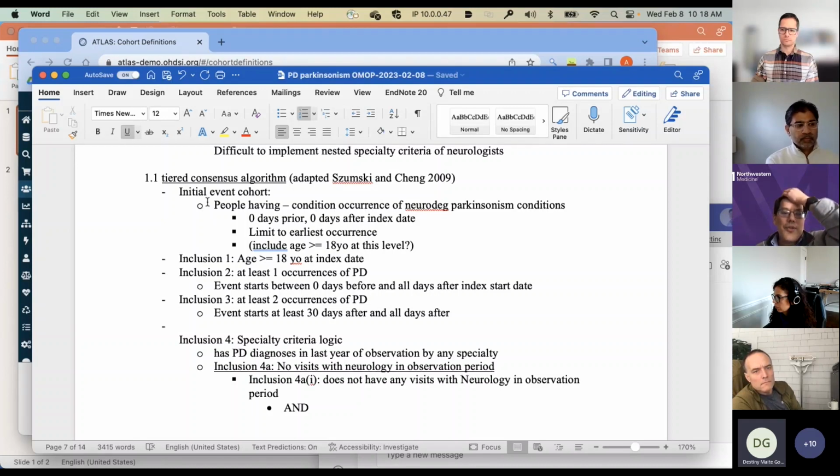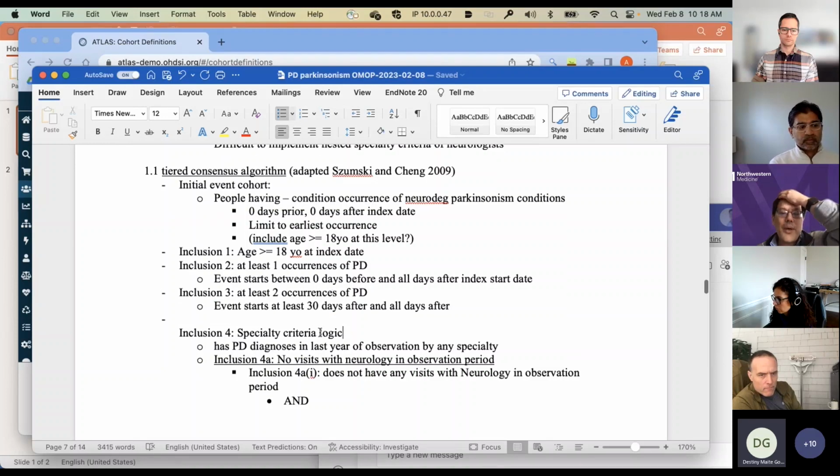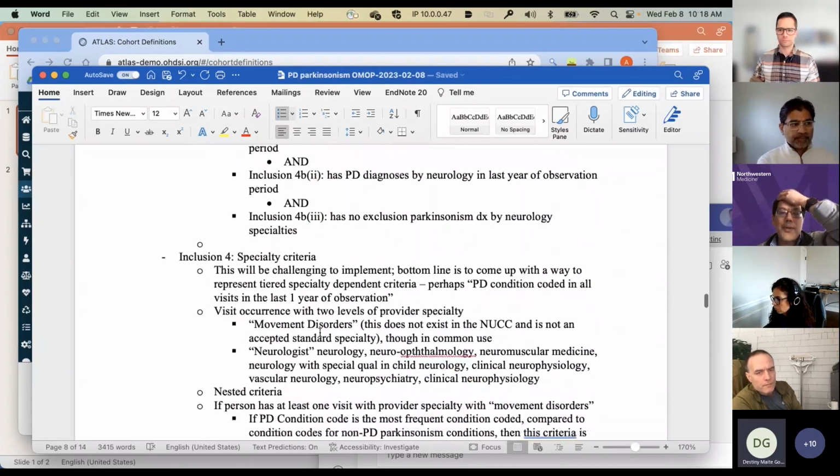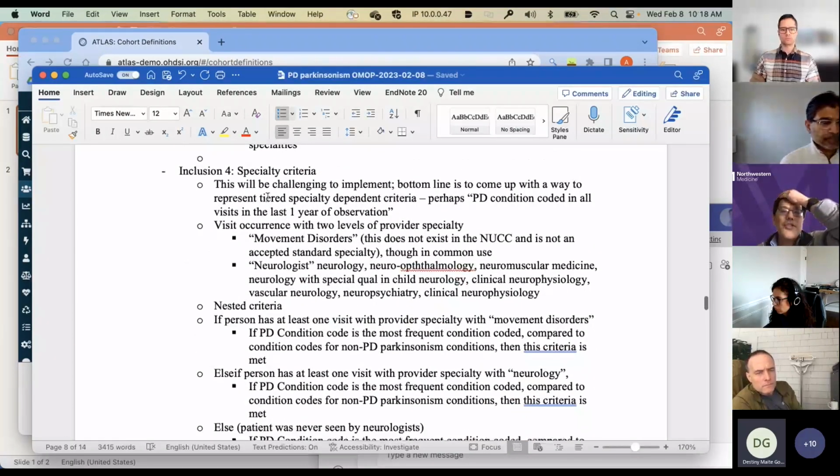So initial event cohorts are all the same, at least 2 occurrences of the Parkinson specific code. And then we go into the specialty criteria logic. Okay, let me skip to what I wrote in words first, and then we'll go into how OMOP might do this. So this is challenging. There are 2 tiers, movement disorders and neurology.